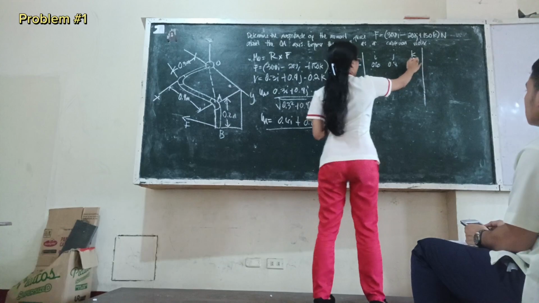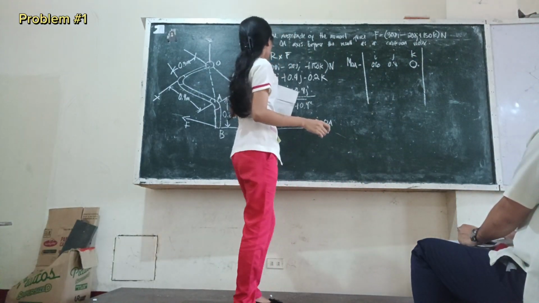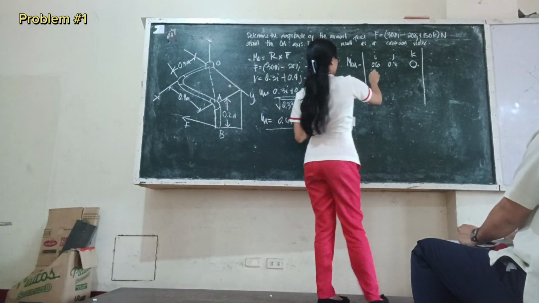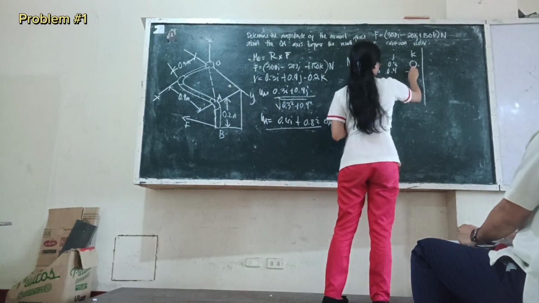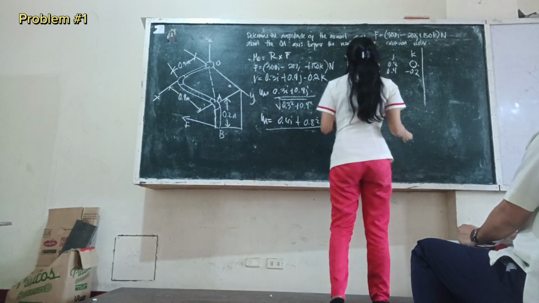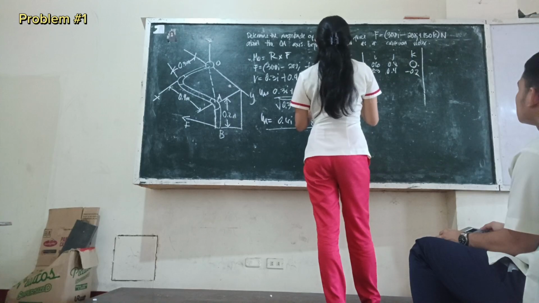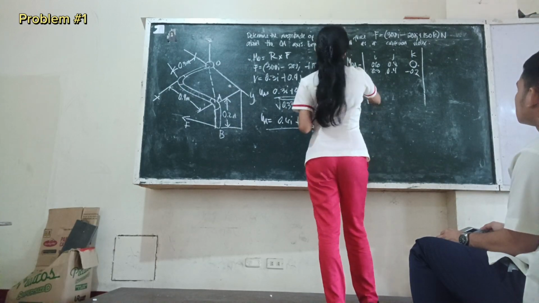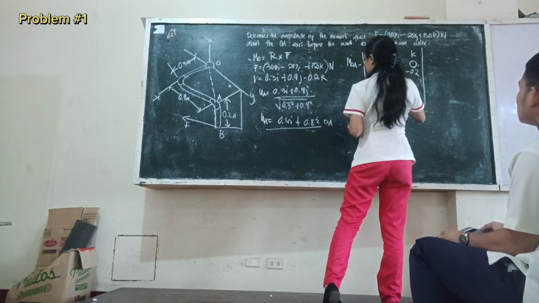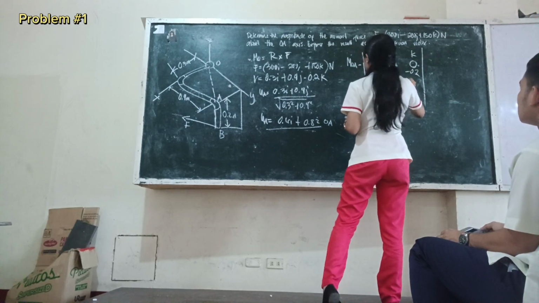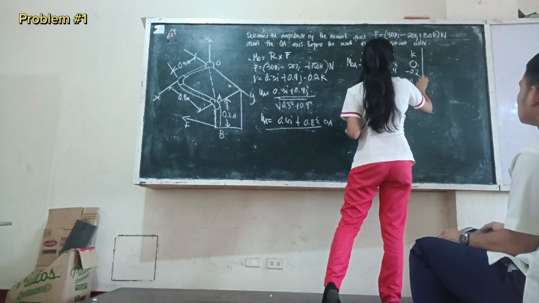So, for r, we also substitute, which is 0.3 and 0.4, negative 0.2. And then, for the force, 300, minus 200, plus positive 150.